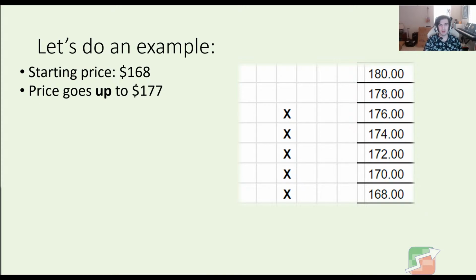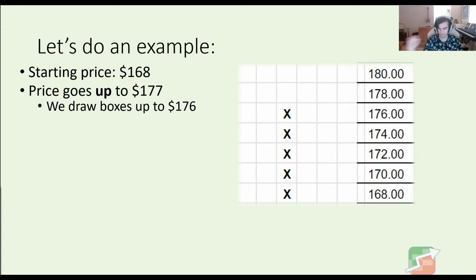So if our price is 177, we would now be in this box here because 177 is above 176, but not above 178. Now, like I said, we would draw boxes up to the 176 box.